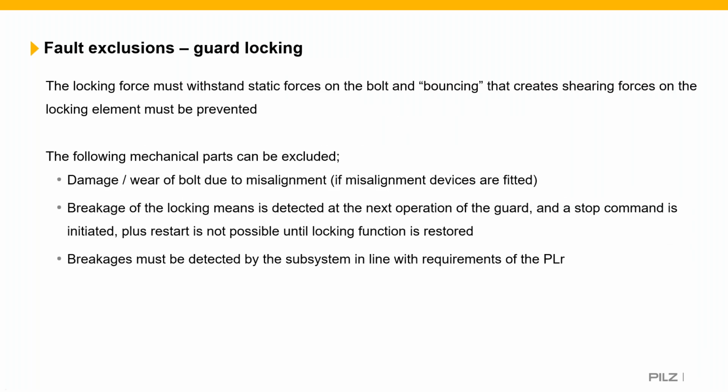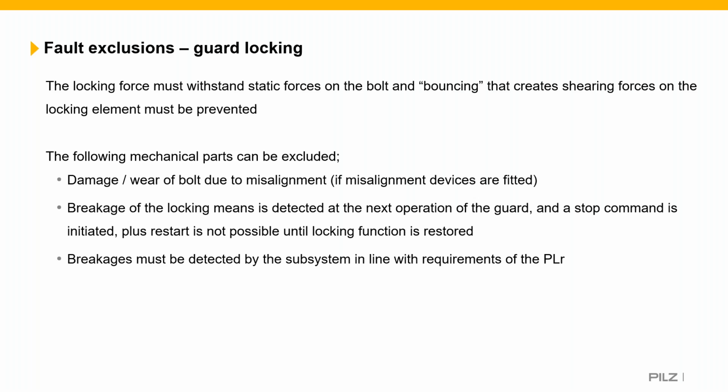If we consider fault exclusions for guard locking applications, then we need to consider the static forces and any bouncing that might be created for the sort of guards that could be slammed shut. So we need to consider damage or wear and tear of the bolt due to misalignment, if we have misalignment devices fitted.